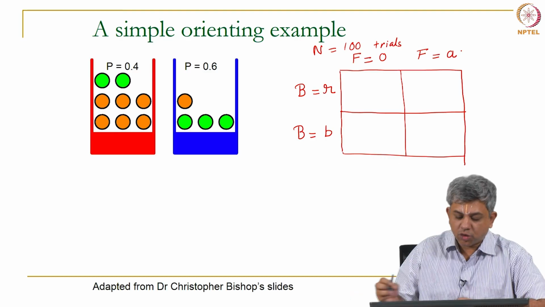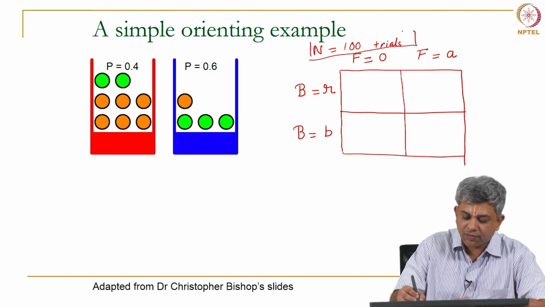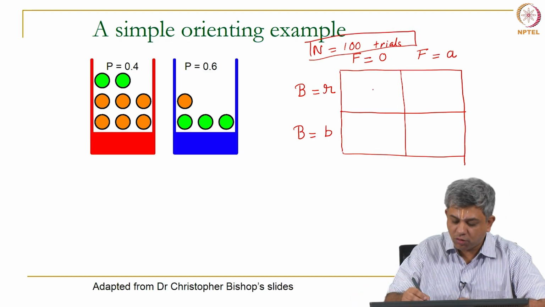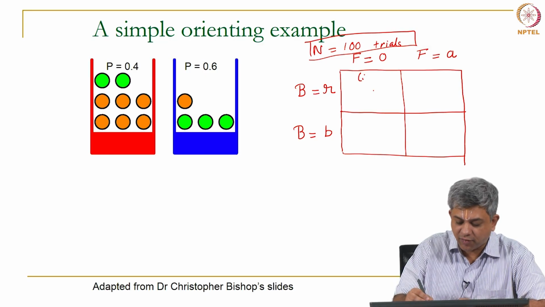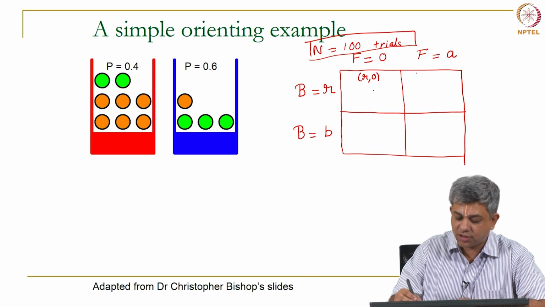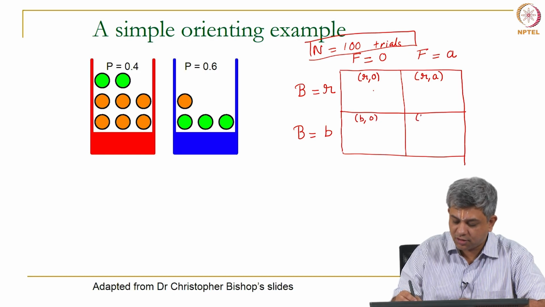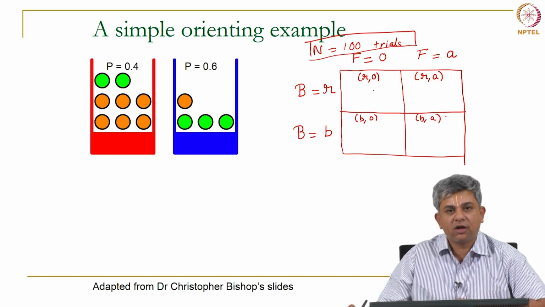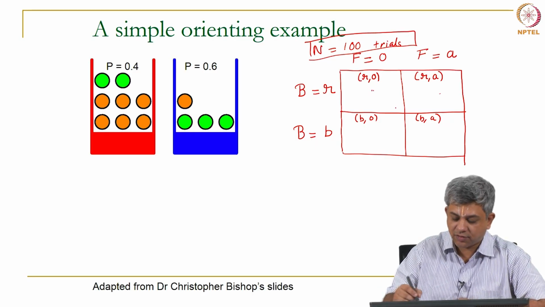Okay. So, now out of 100 trials, this is the case where the basket I picked was red and the fruit I picked was an orange. This is red and an apple, this is blue and orange, and blue and apple. So, let us try and find out how many of each of these cases occur.